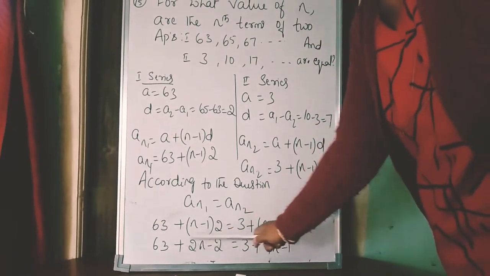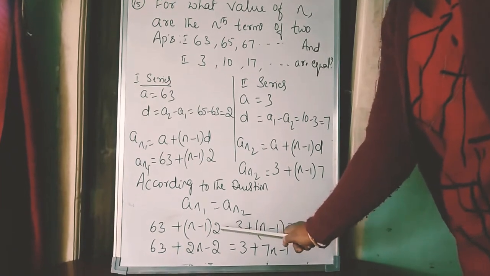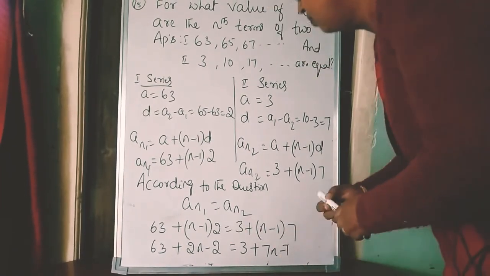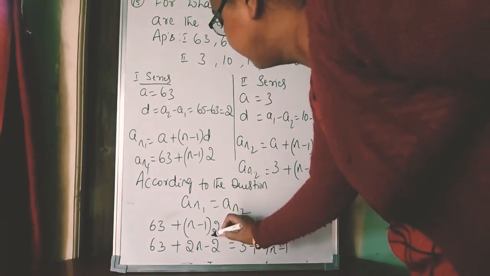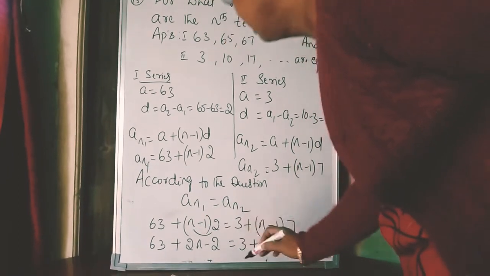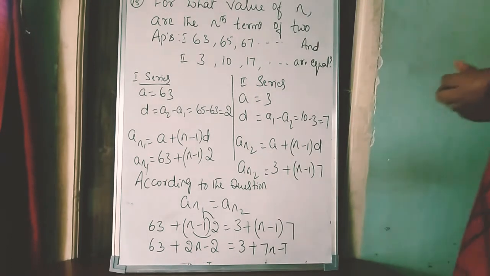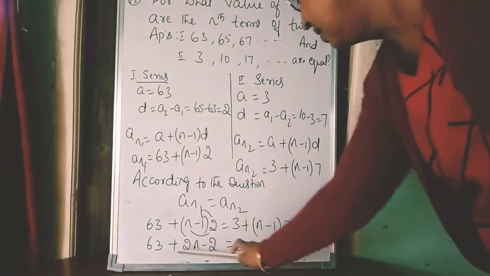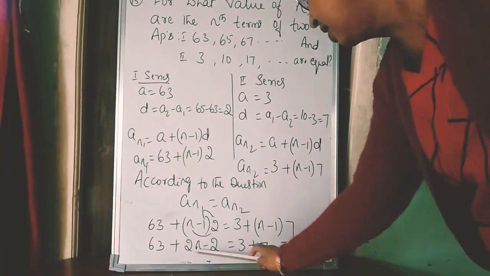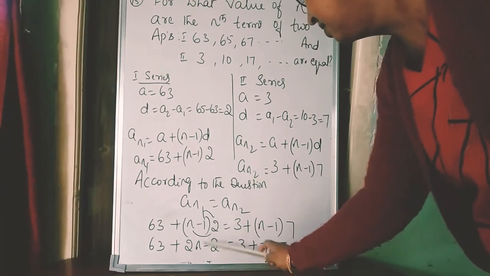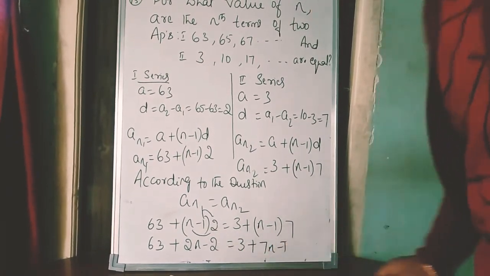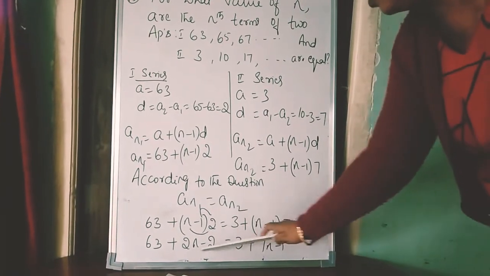63 plus (n minus 1) into 2. See, here you should remove the bracket. So first multiply n into 2, next you multiply 1. Now 63 plus n into 2 is 2n, plus into minus is minus, 1 into 2 is 2. Here you should be careful, children.